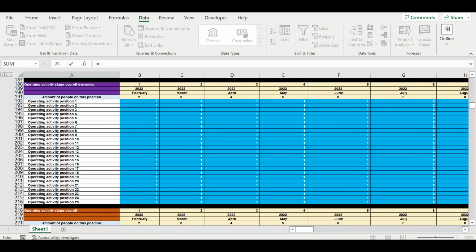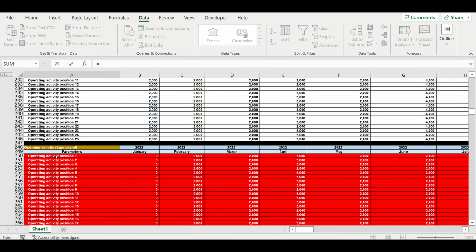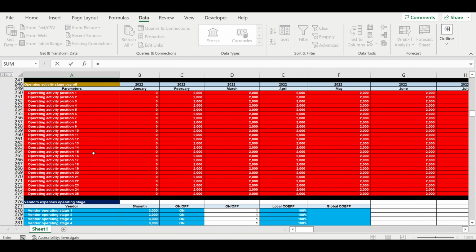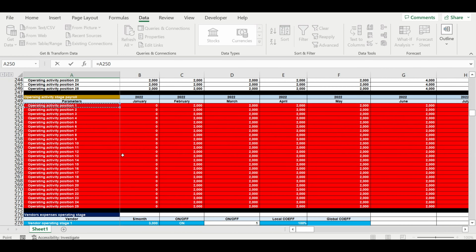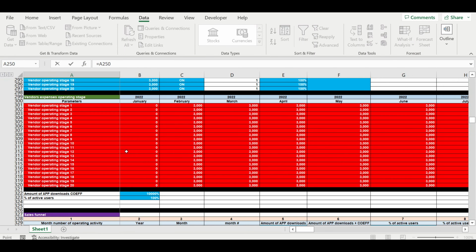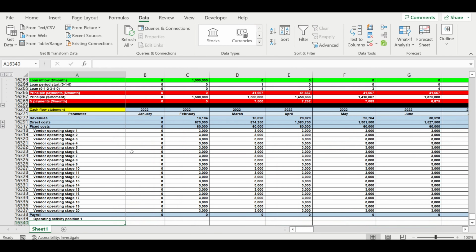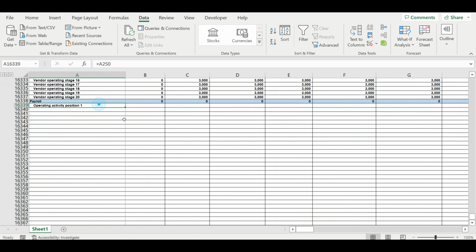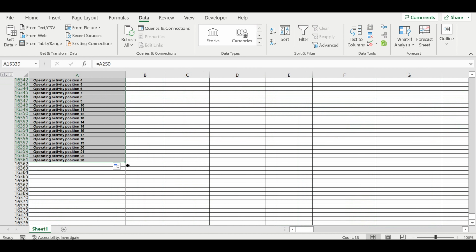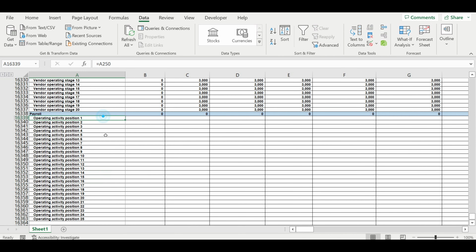Activity stage payroll dynamics. Operating activity stage payroll. So we need this table for operating activity stage payroll. Now we are extrapolating this formula to the bottom. And then we are extrapolating this also to the right.